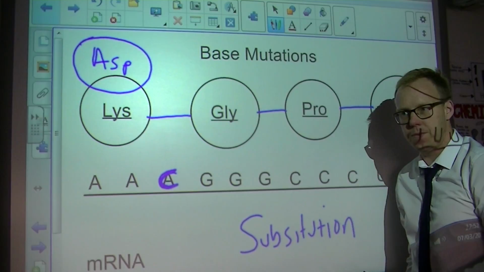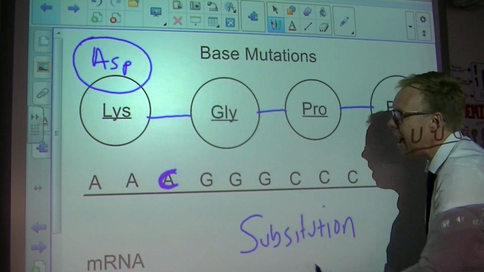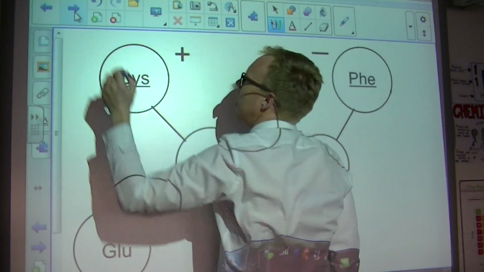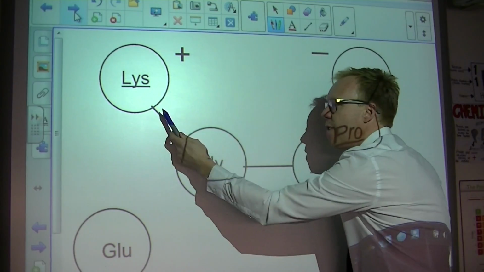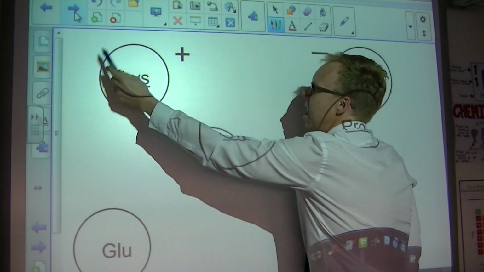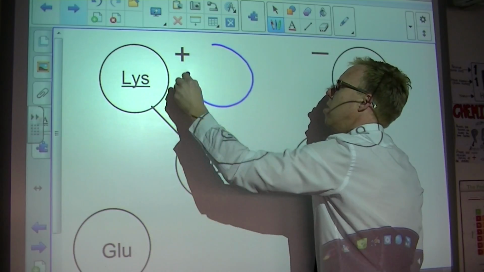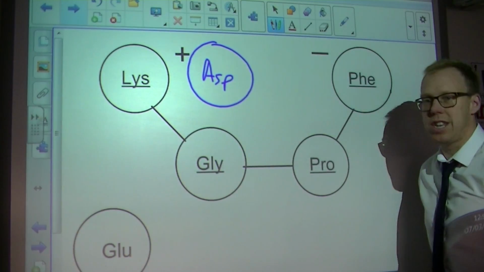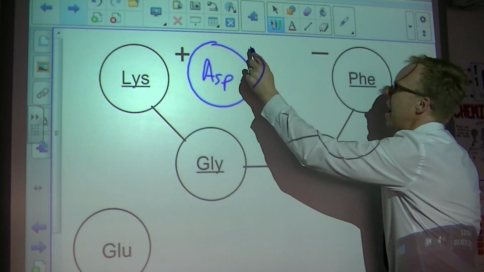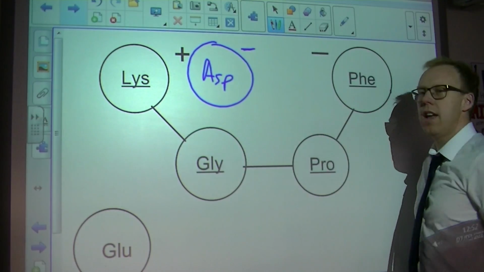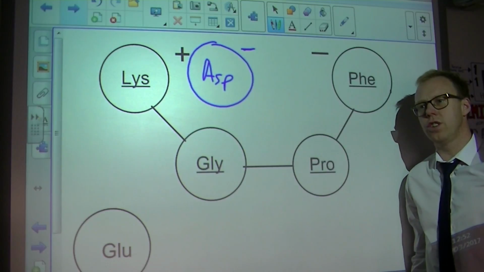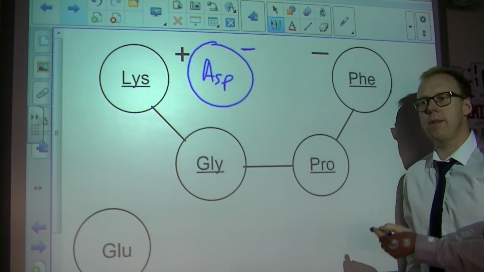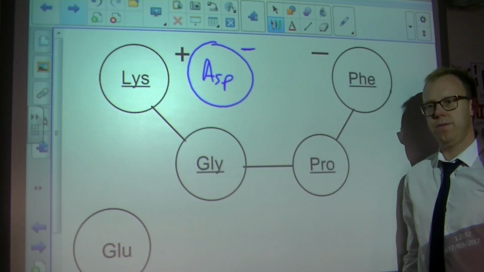Do you agree with that? Now that will mean that we will have a different amino acid here. ASP. And I'm going to tell you, and I'm making this up by the way, that actually ASP has a negative charge on its functional group. Can you tell me what that will do in this situation?